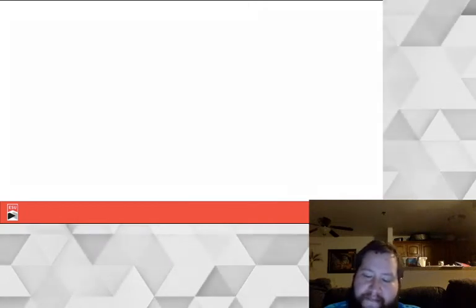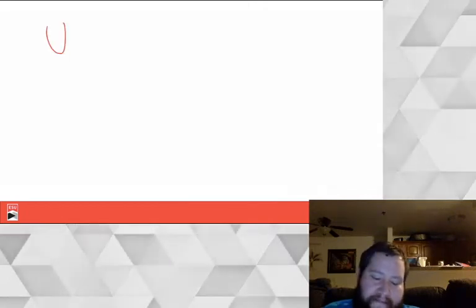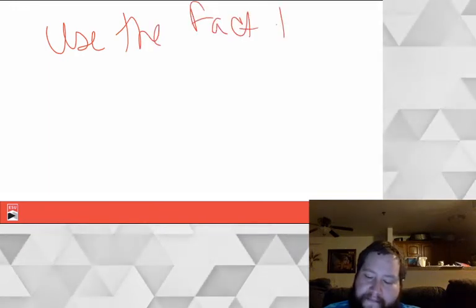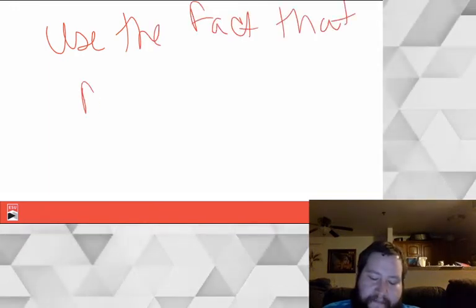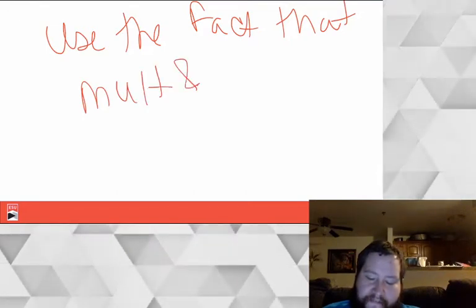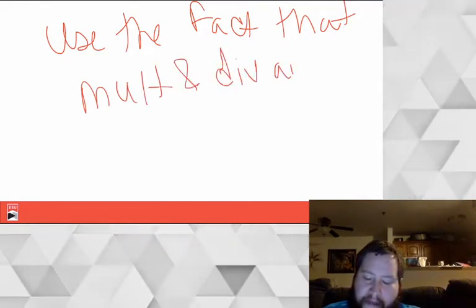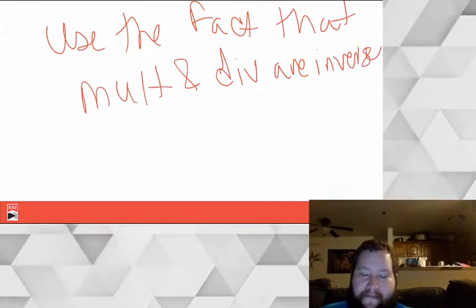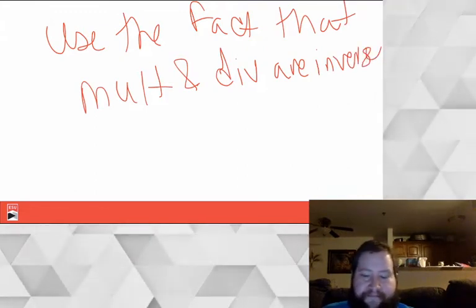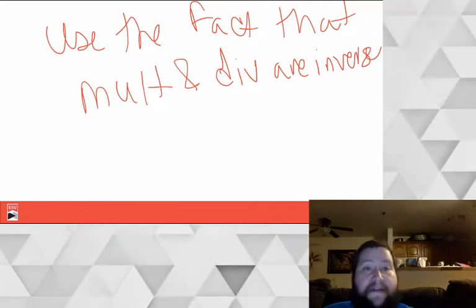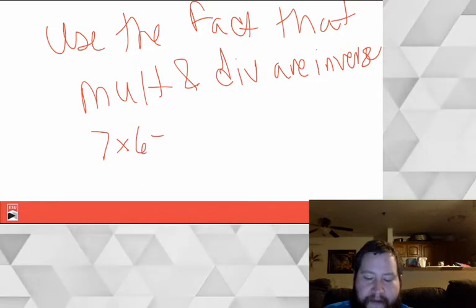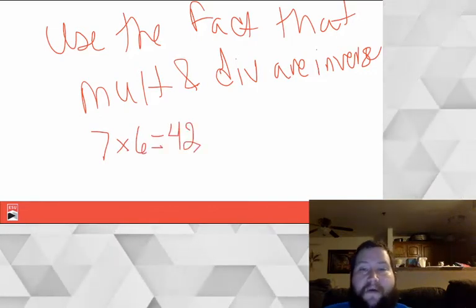What we do is we use the fact that multiplication and division are inverse. So if I have 7 times 6 is 42, right? This is a fact we know.